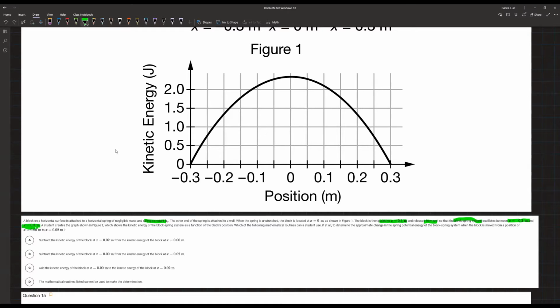A student creates the graph shown in figure 2, which shows the kinetic energy of the block spring system as a function of the block's position. Which of the following mathematical routines can a student use, if at all, to determine the approximate change in the spring potential energy of the spring block system when the block is moved from a position of x equals 4 to a position of x equals 0.02?